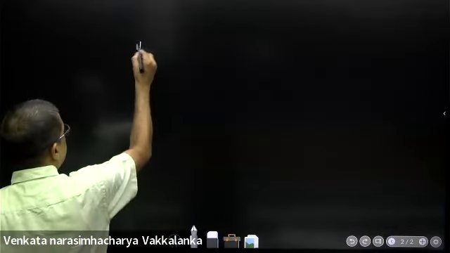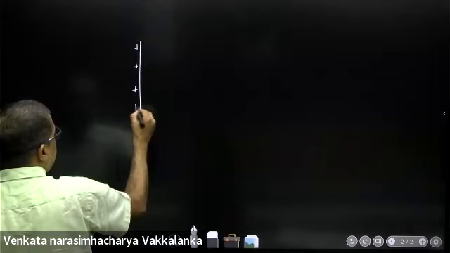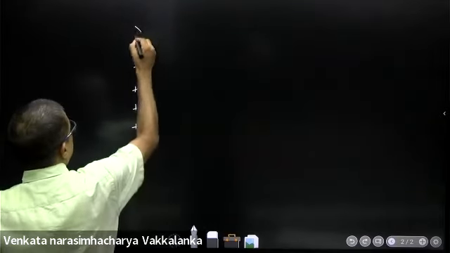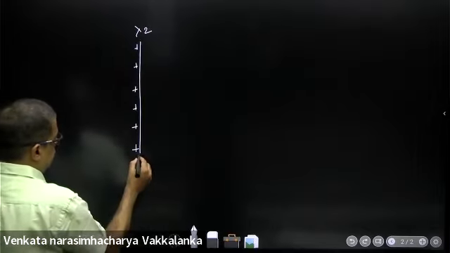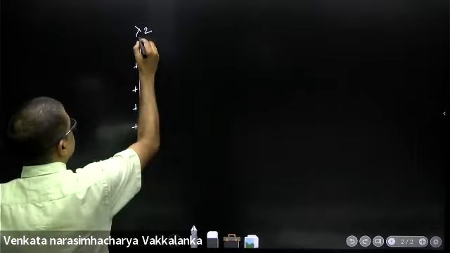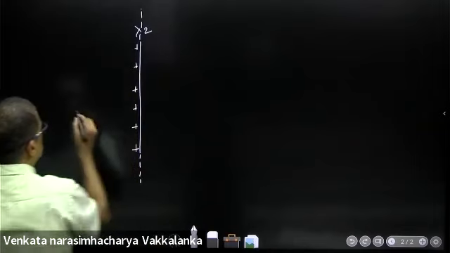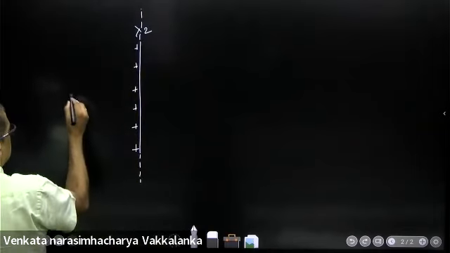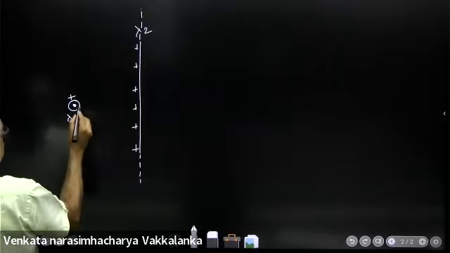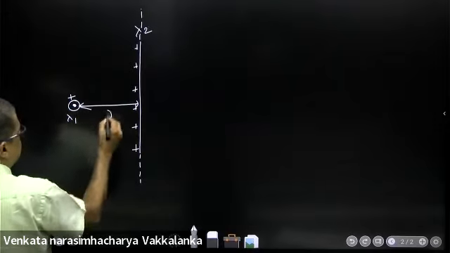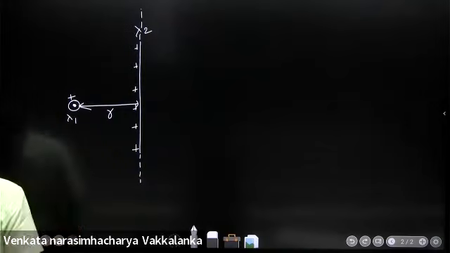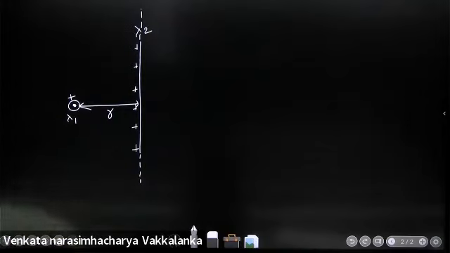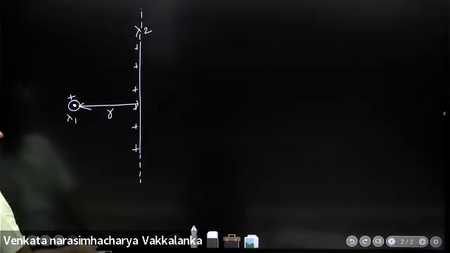Suppose I have an infinite long positive charged wire here and another infinite long positive charged wire this way, so that this is coming perpendicularly outwards.